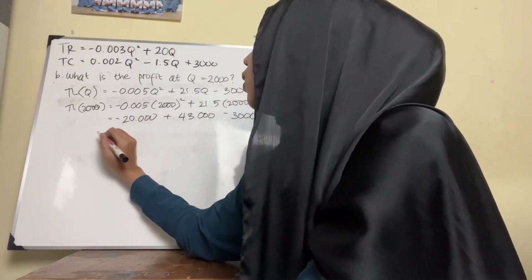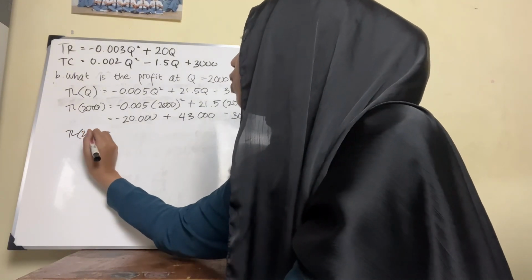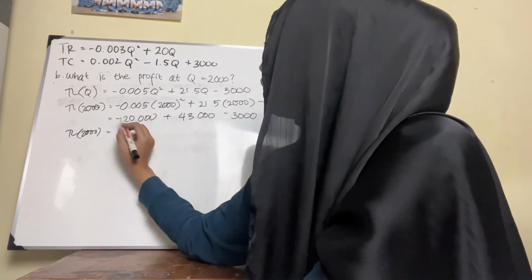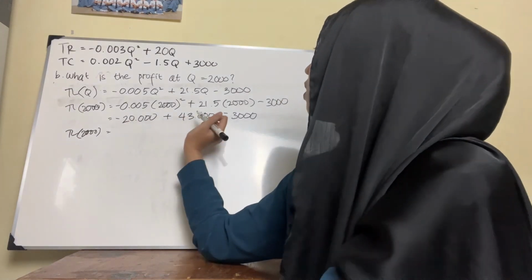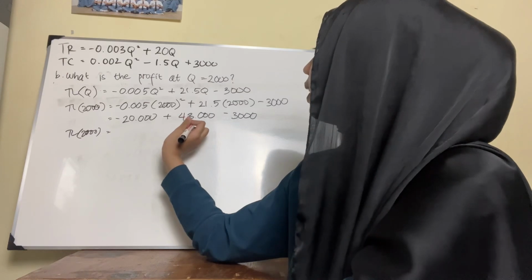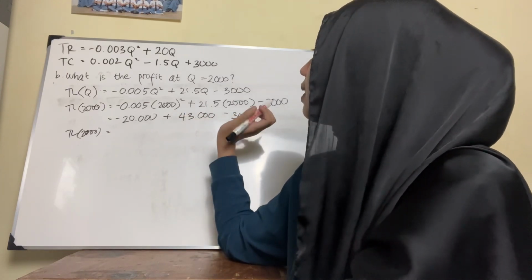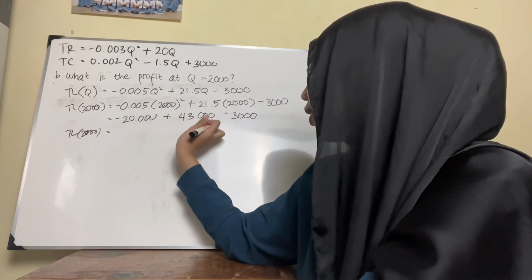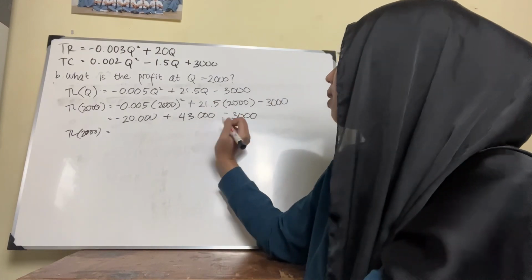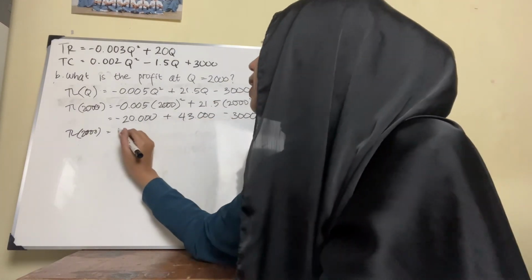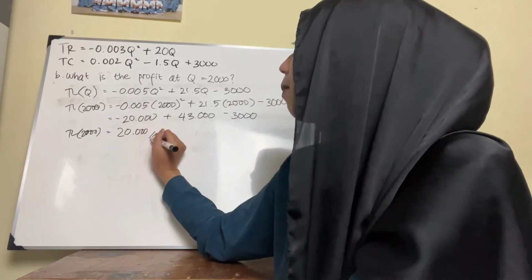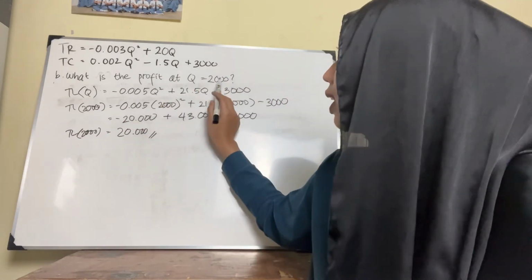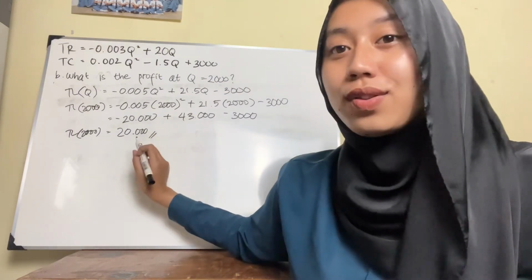So pi of 2,000 is minus 20,000 plus 43,000, which is 23,000, and 23,000 minus 3,000 is 20,000. So the profit when 2,000 shirts are produced is 20,000.